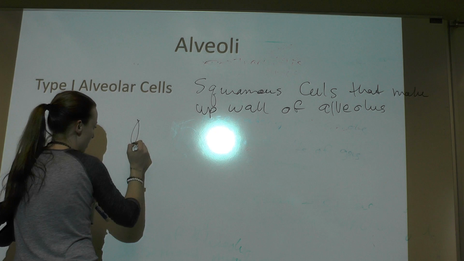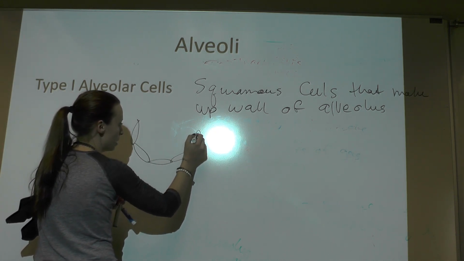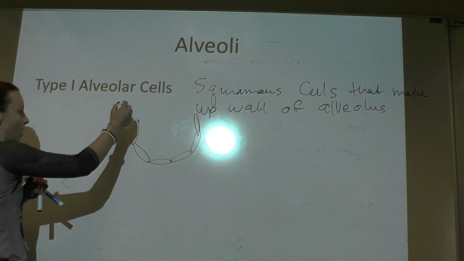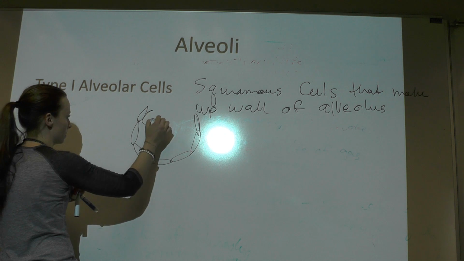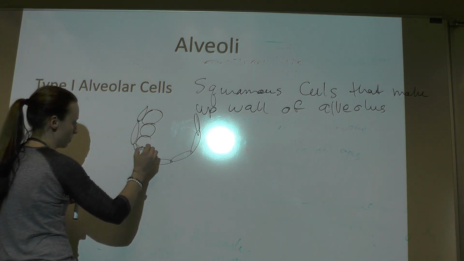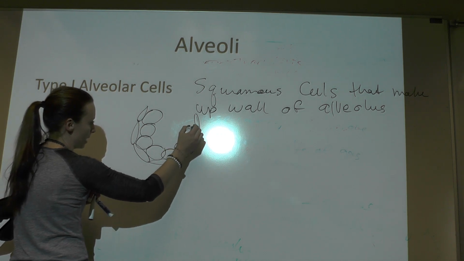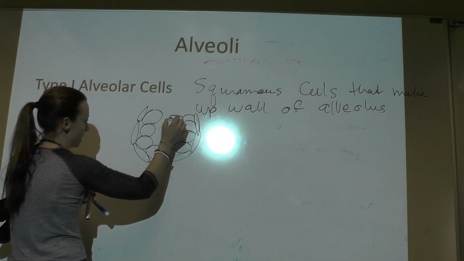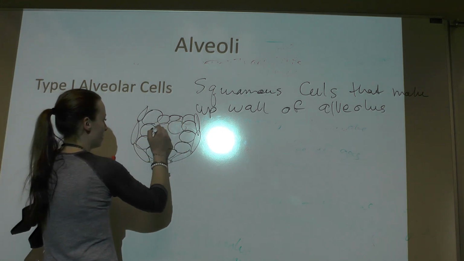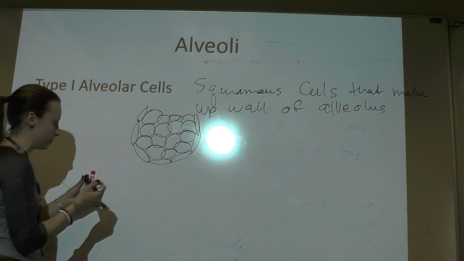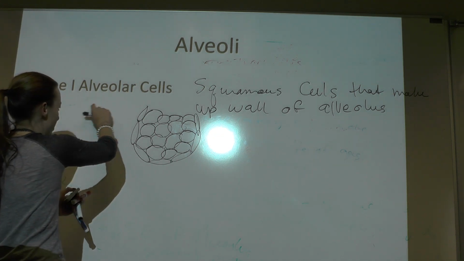If we were to zoom in to an alveolus and look at a cross section, we would see that the bulk of the wall is formed by these type 1 alveolar cells. Squamous cells look like eggs when you look down at them, so this is the back of the wall. Our whole wall is made by these simple squamous epithelial cells, our type 1 alveolar cells.